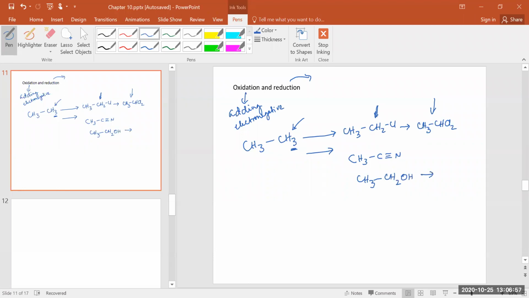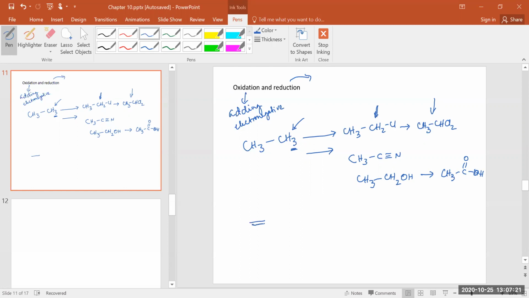Two oxygens will further increase the oxidation level. If you replace all the hydrogens with oxygen, it will increase the oxidation level as well. So that's how adding electronegative elements means oxidation.